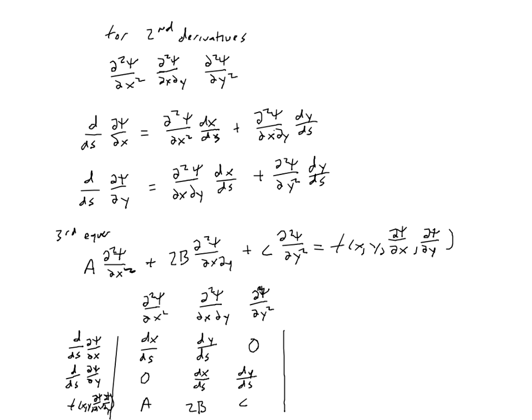And so the idea then is I want to solve this matrix in such a way that the determinant of the matrix is going to give me 0.